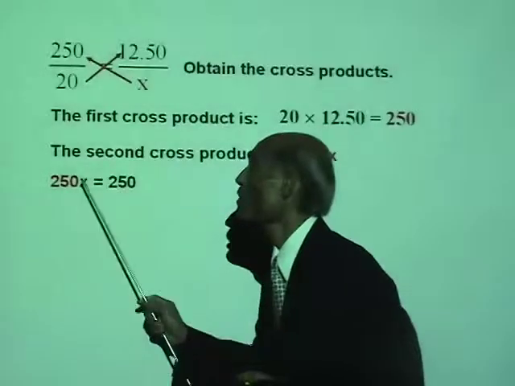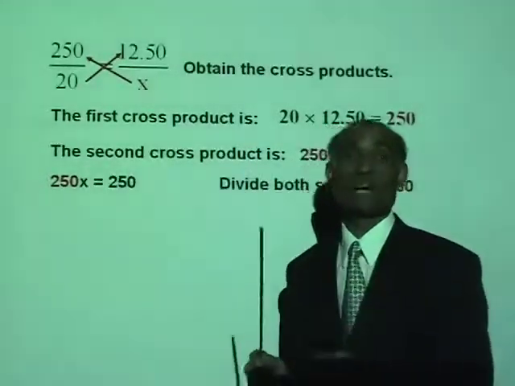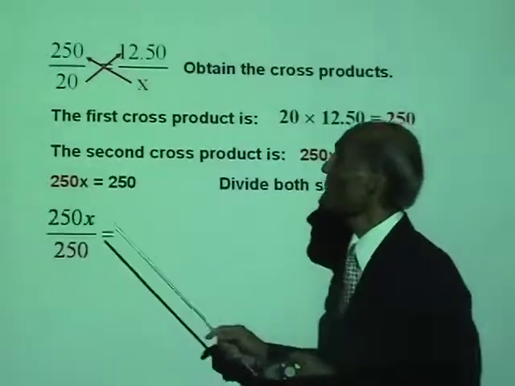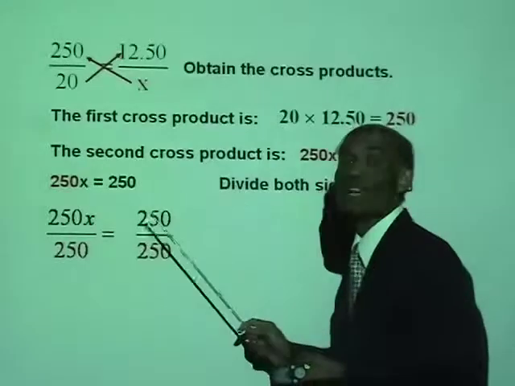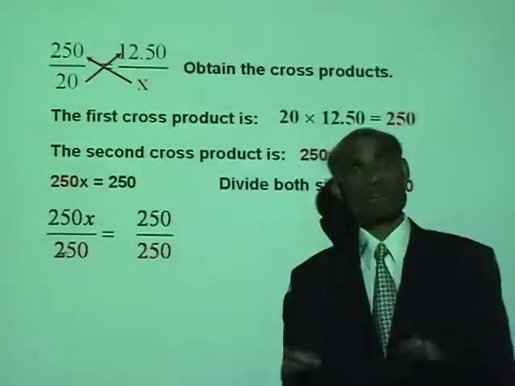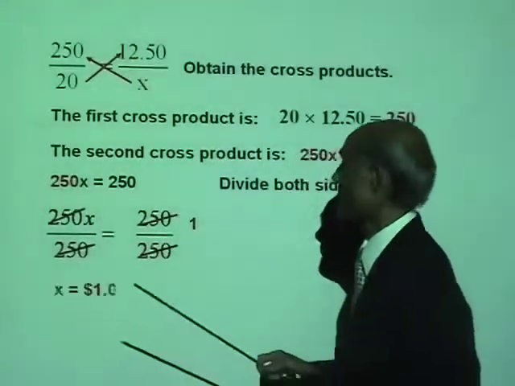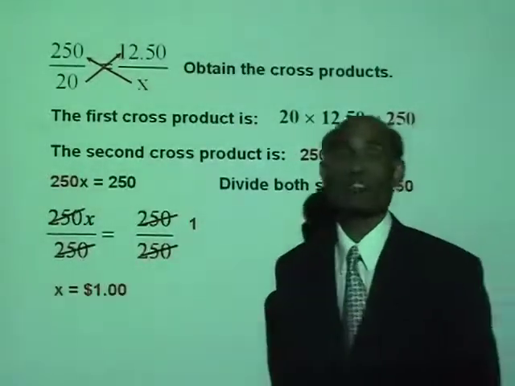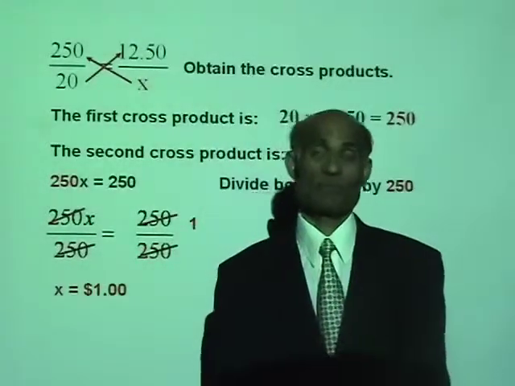And therefore, to find the X, we divide both sides by 250. 250x divided by 250 equal to 250 divided by 250. What does that give you? X equal to 1 is the answer. The tax on the battery is $1.